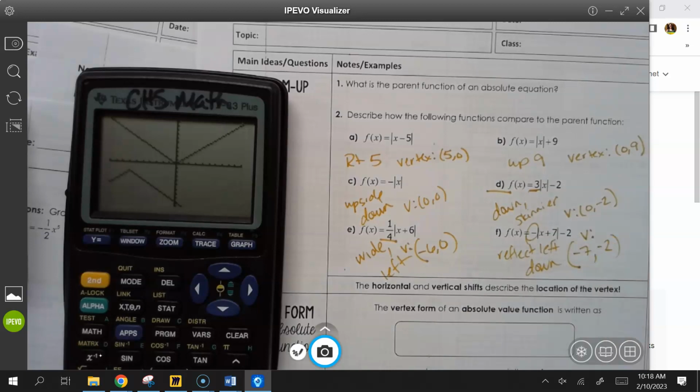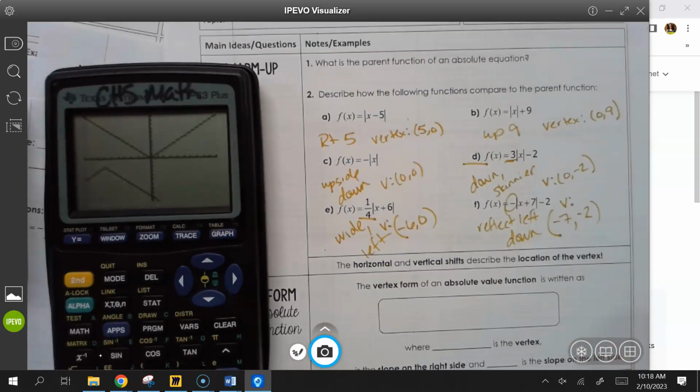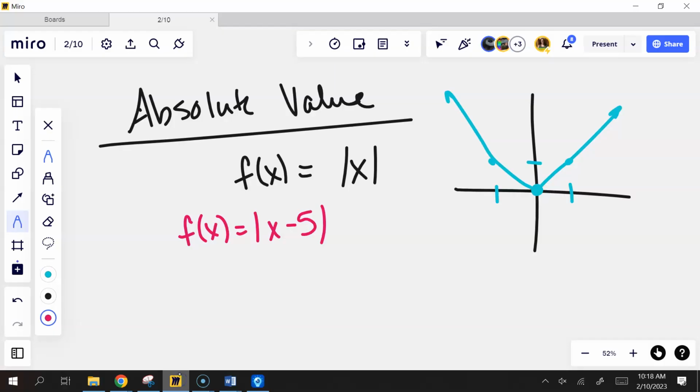Now, I did all that to try to show you a slightly easier way of graphing absolute values rather than setting the absolute value to 0 and finding the vertex that way. This only works when it's in vertex form, but 99% of the time your absolute values are in vertex form.